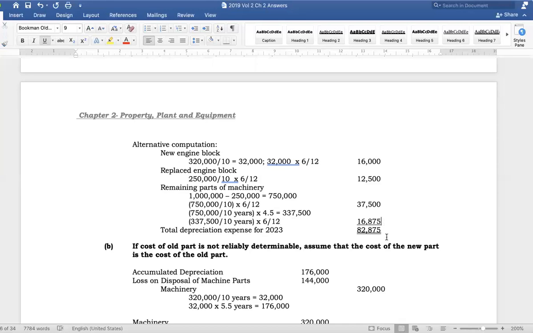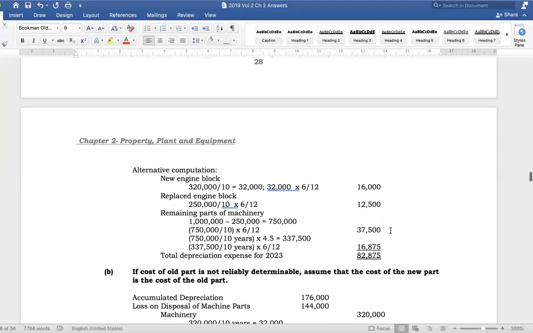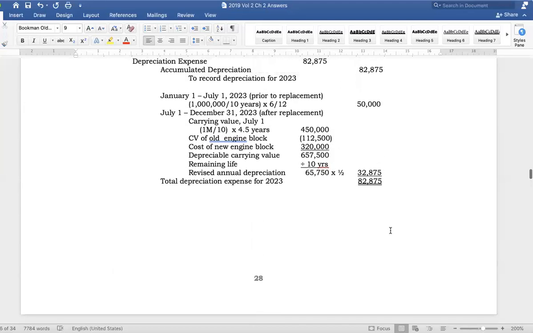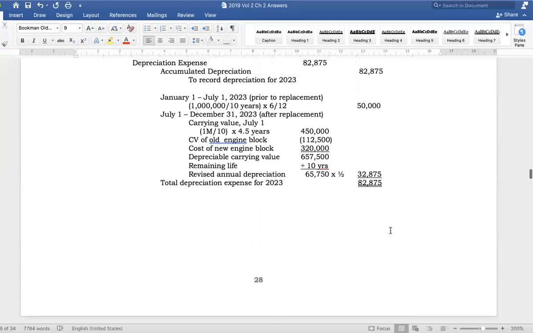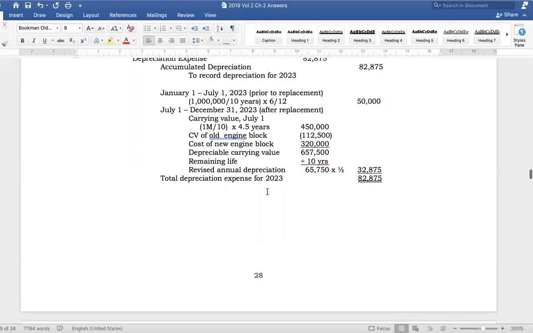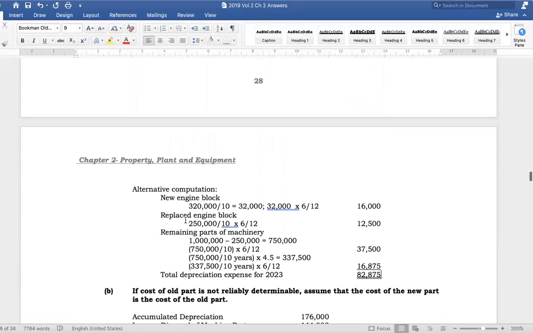So your total depreciation expense for 2023 is 82,875, which is the same as we have computed here. So whatever suits you, you have to resort to that computation. So you have the option of computing it this way or computing it by parts.